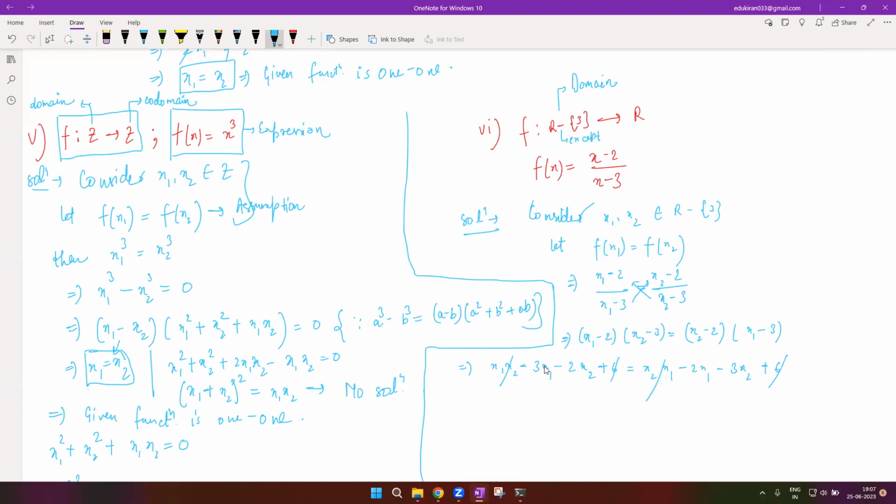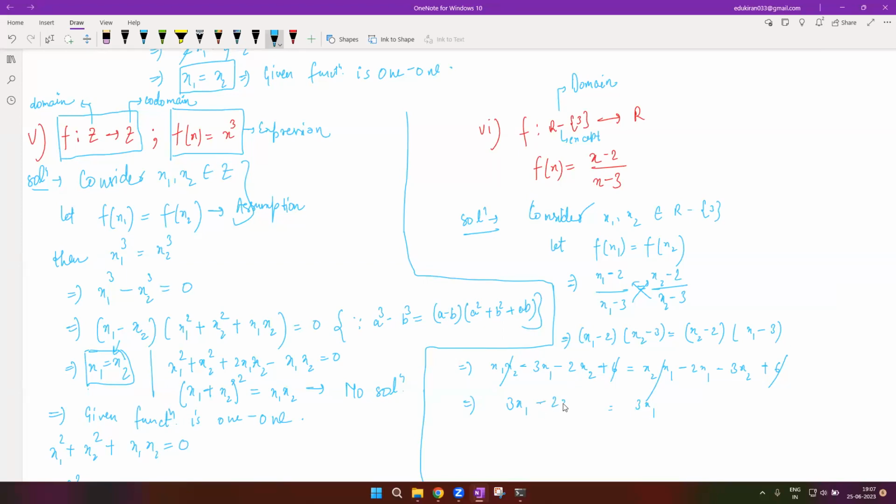Now this minus 3x1 can be taken to the right hand side, and this minus 3x2 can be taken from the right hand side to the left hand side. So if I take minus 3x2 to the left hand side, this becomes plus 3x1. And if I take minus 3x1 to the right hand side, this becomes plus 3x1.